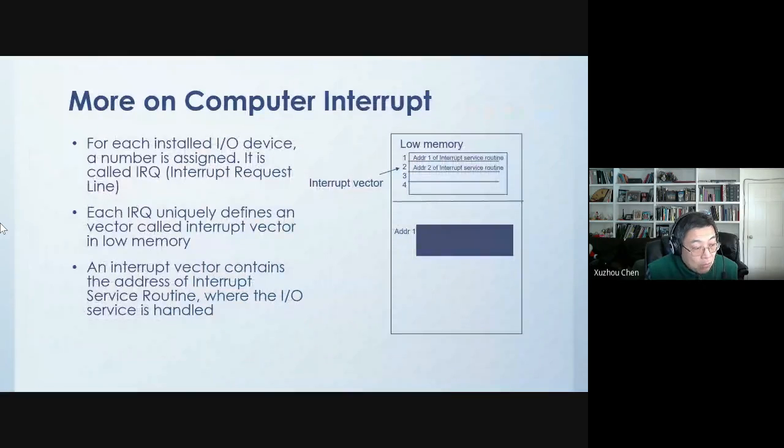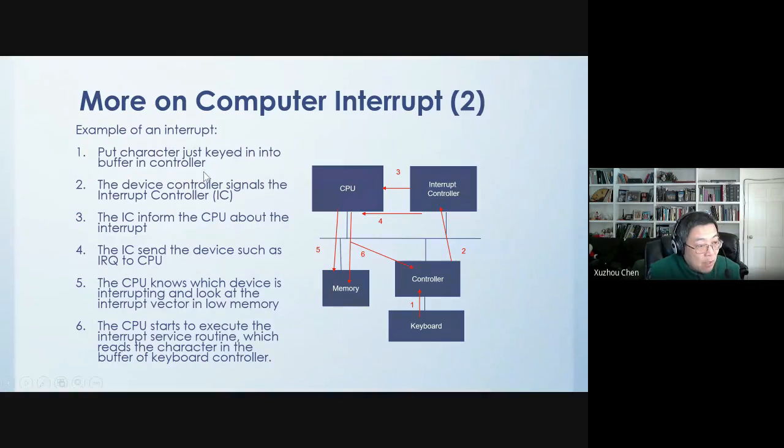And after 1.3, I added some additional slides explaining the computer interrupt. So you can take a look at these additional slides. These slides basically talk about how the interrupt actually happens, for example if the interrupt comes from the keyboard, how this happens, and what the steps are.